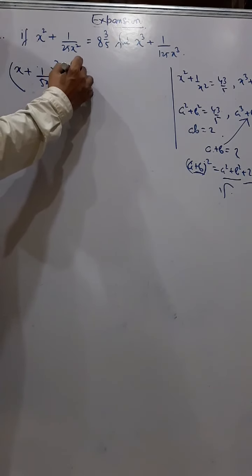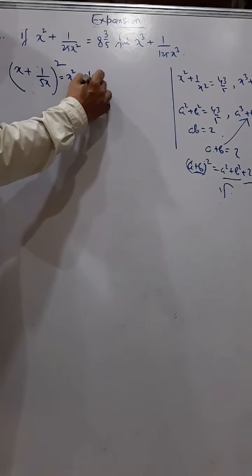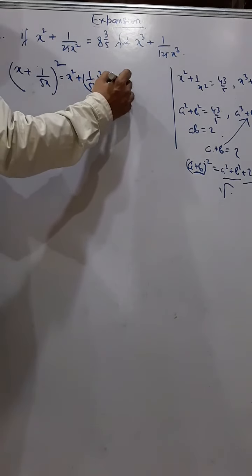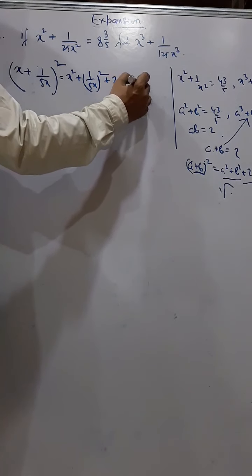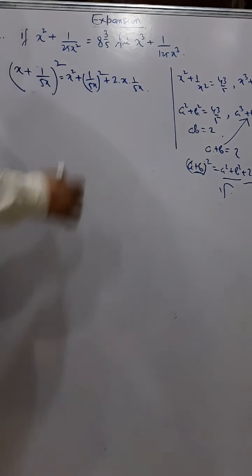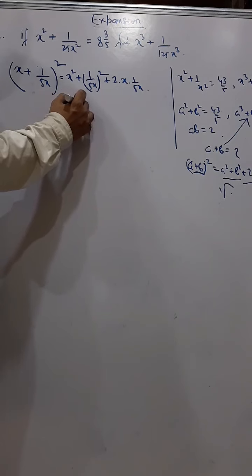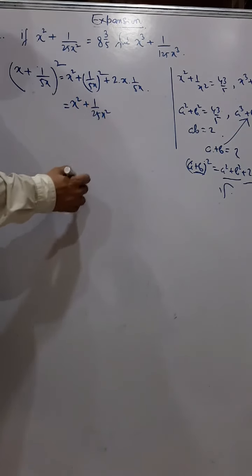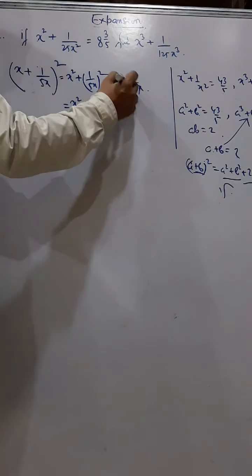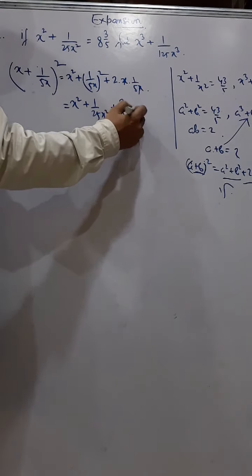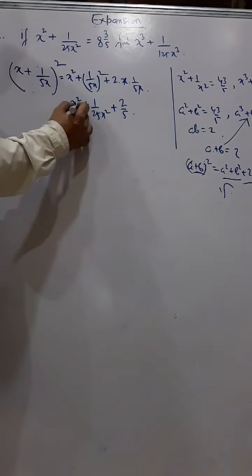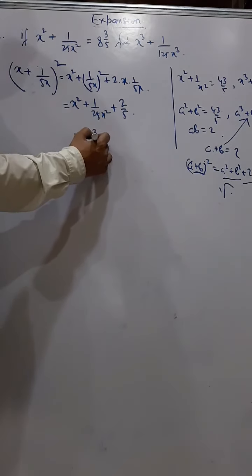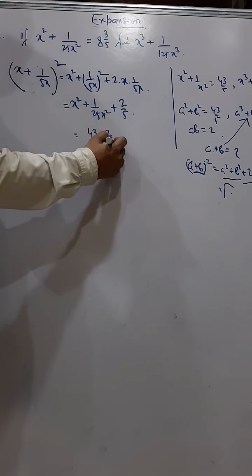This is a square plus this is b square and plus 2 into a into b. And then what I got? a square plus 1 by 25x square, and this x and x get cancelled, I get 2 by 5, and x square plus this, it is 43 by 5, and plus 2 by 5.